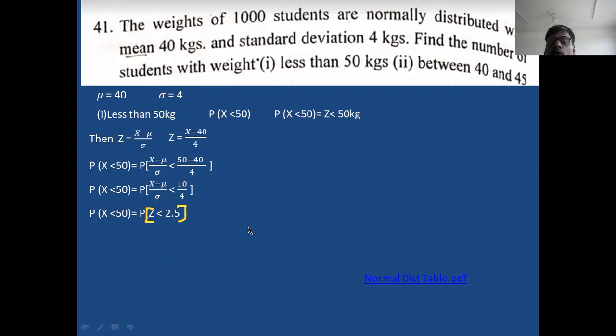Next step is you have to draw the graph. Z is smaller than 2.5. In the side place, you draw the normal distribution curve. This is the x-axis. Then this is the curve.